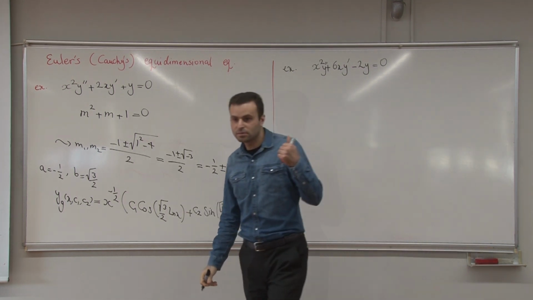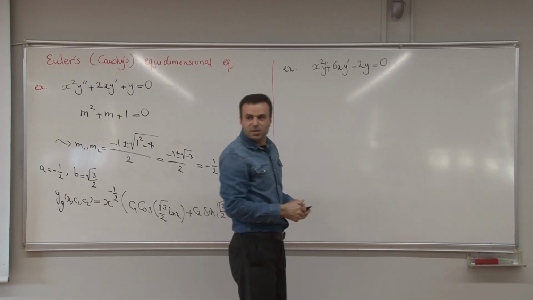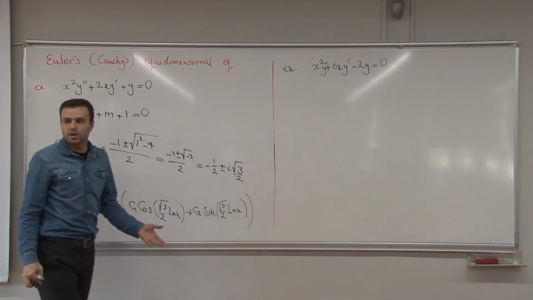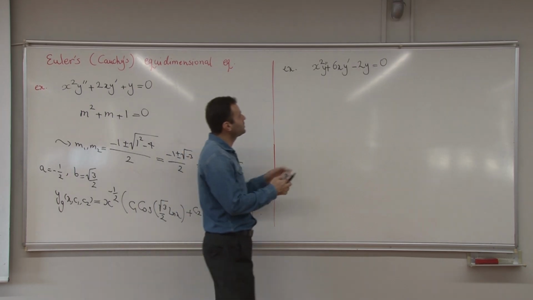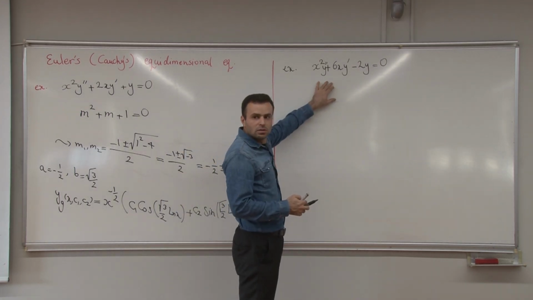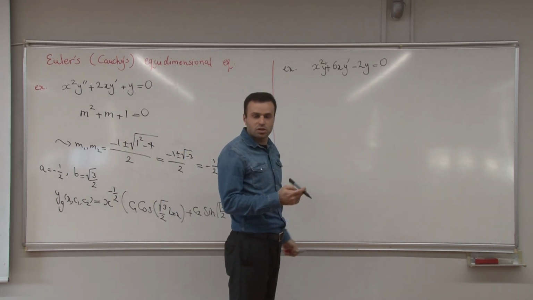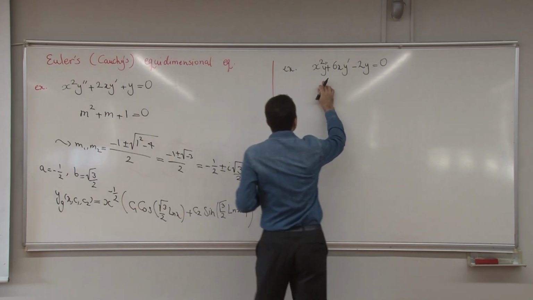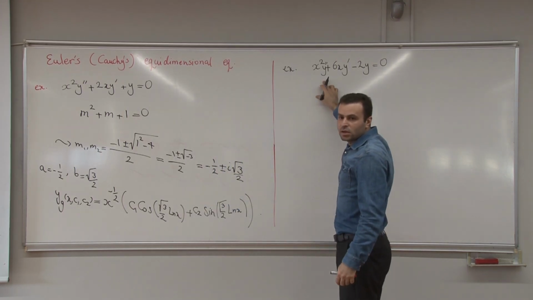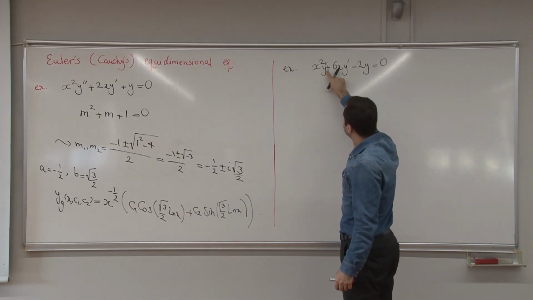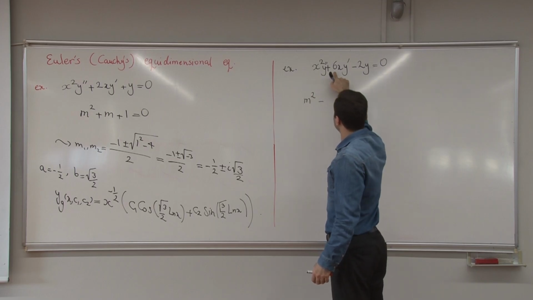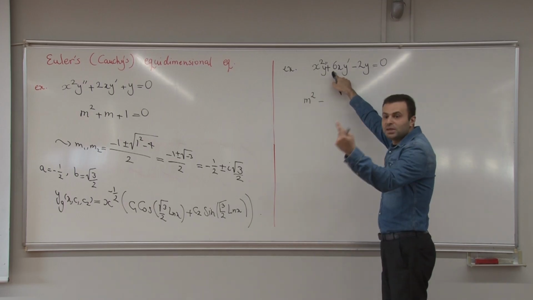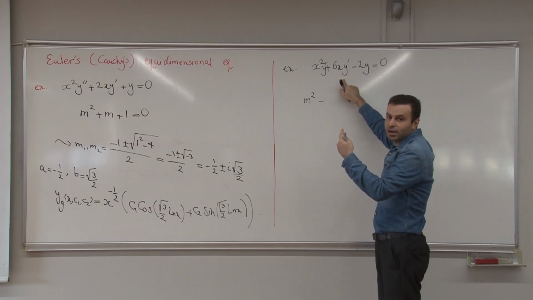First, what is the procedure for solving this equation? Writing its characteristic equation, right? What's the characteristic equation for Euler's equidimensional equation? Whenever you see y double prime, you write m to the power of 2, plus p minus 1 times m, and then plus q.